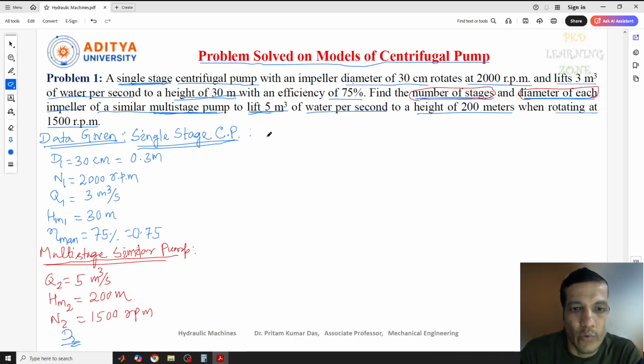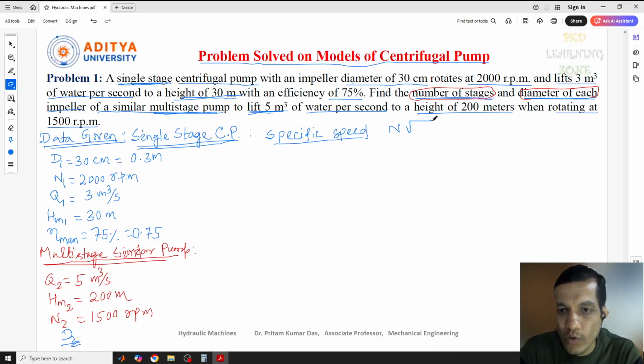First of all, we need to go for the specific speed, because from the specific speed we can find out the terminology. The formula of specific speed is Ns equals N root Q divided by HM to the power 3 by 4.